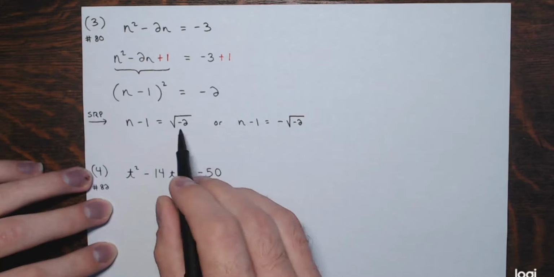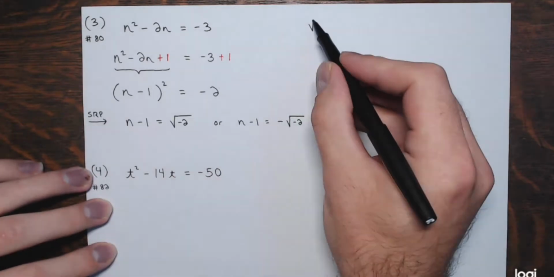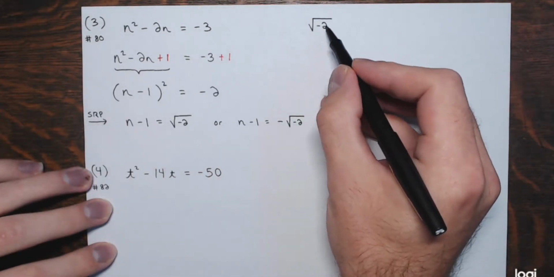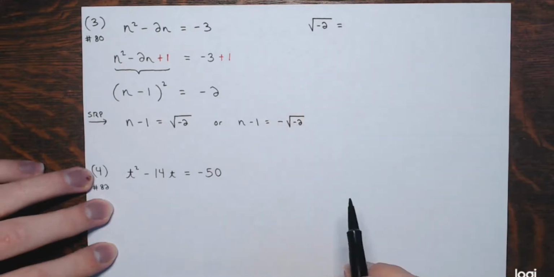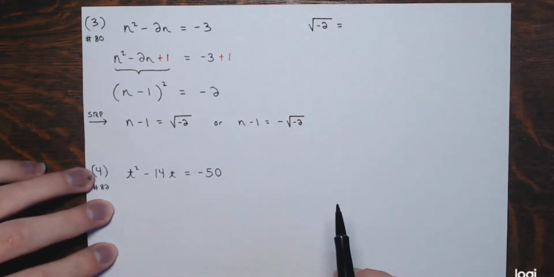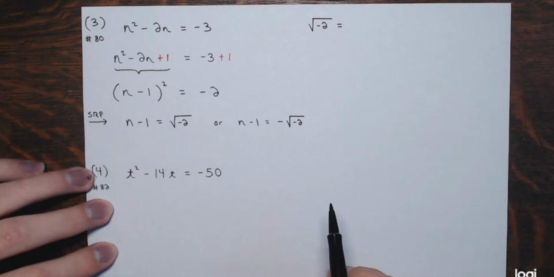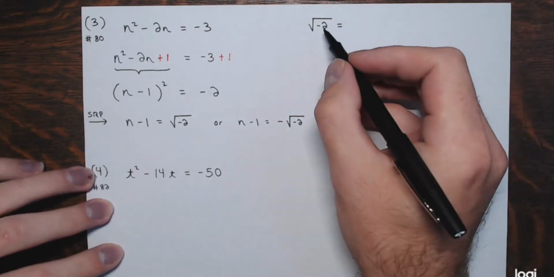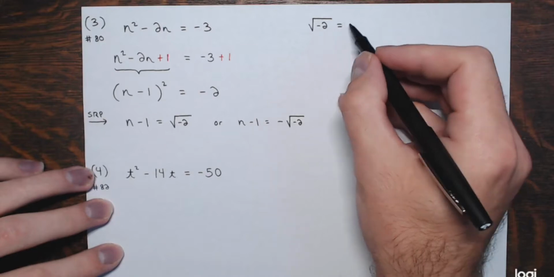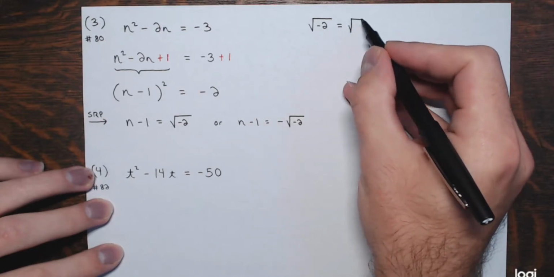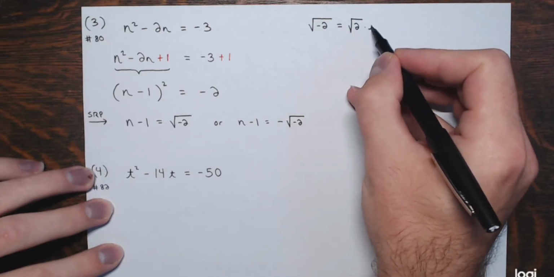But don't forget, the square root of a negative number is imaginary. Right? It's not real. And when we have imaginary numbers, we have to express them with that imaginary unit i. So hopefully you remember that the square root of negative 2 we're going to re-express as the square root of positive 2 times i.